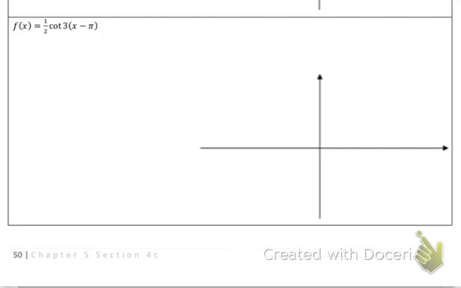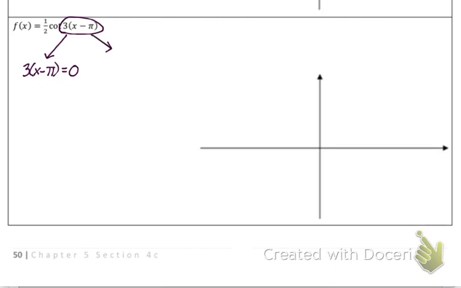Once again, unless this is negative, I don't care about our amplitude. I'm not going to care about our amplitude unless it's equal to 0. So I'm going to take this and set it equal to my left-hand bound of my normal cotangent, which is 0.